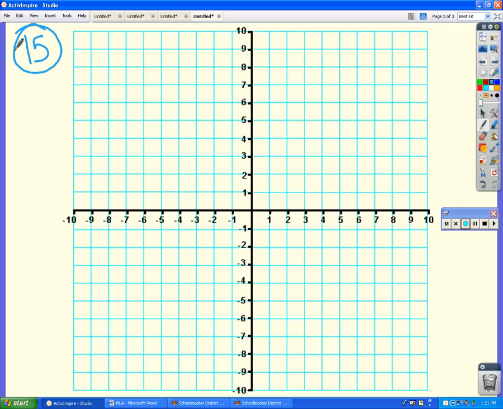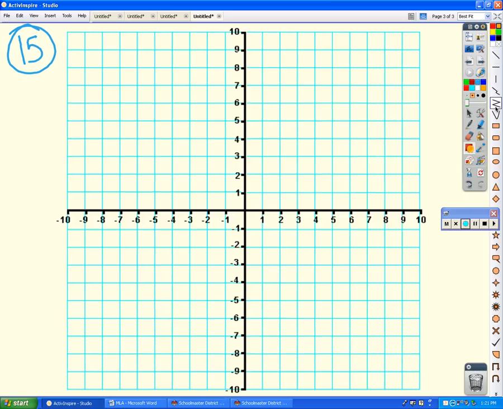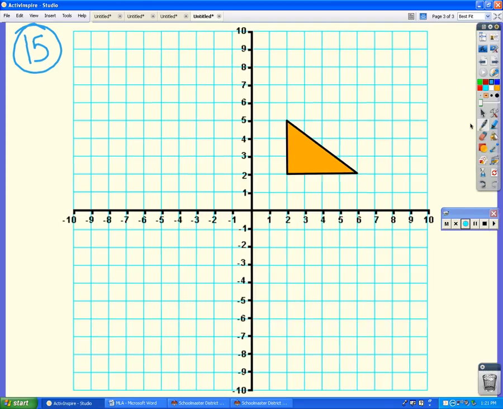Good. All right, number 15. So we are starting with this shape here, and they very nicely give you the coordinates of each point. We have to graph this one. Yep, you did have to graph this in order to solve it. And it says, draw its dilation by a scale factor of 3.